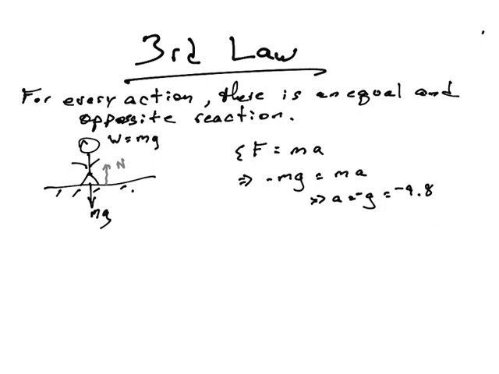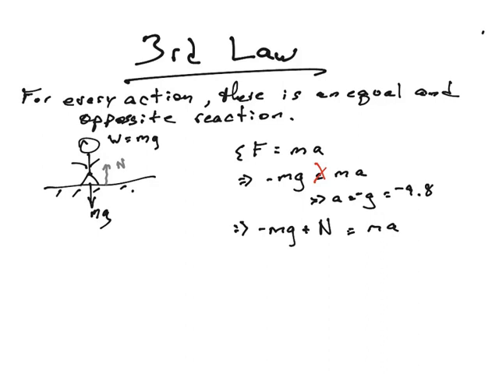And so this is wrong. The correct thing to say is, acting on you is your weight pulling you down, but then there's some other force which is pushing up on you from the floor. That's equal to ma.